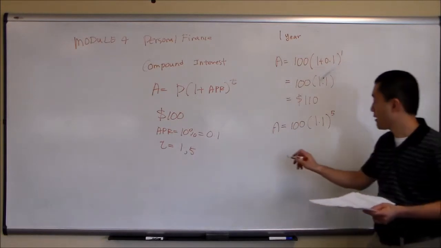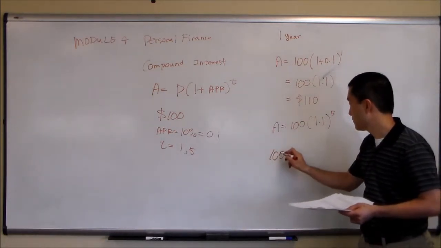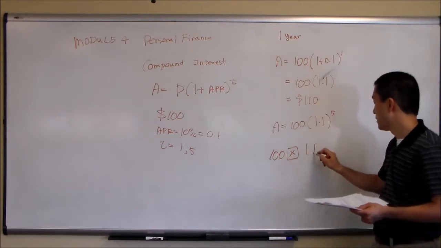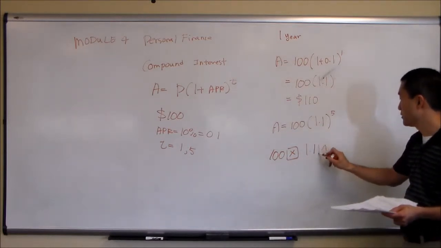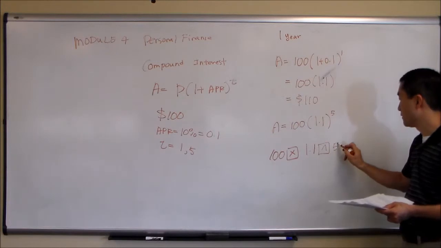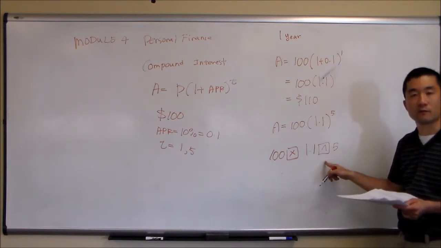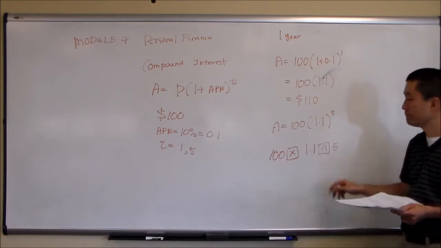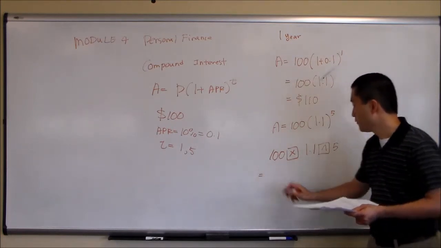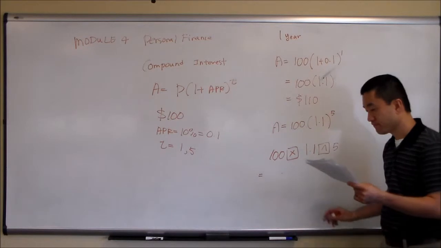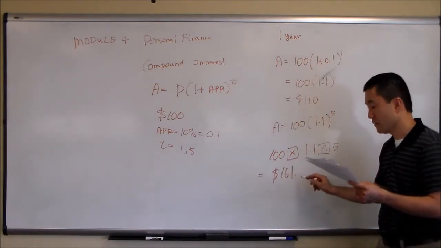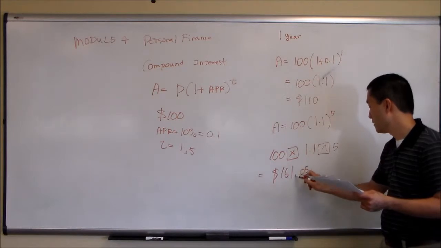In your calculator, type in 100 times 1.1 raised to the 5th power, whatever your power button is for your calculator. If you have a TI-30, that's the button. If you type that in, you get 161.05.